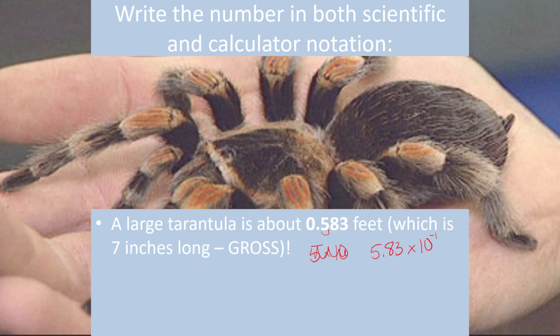That doesn't help me out at all. In order to get back to what we started with in standard form, I need to multiply or divide by 10 to move it back to the left. Okay, so we now have 5.83e negative 1. So we have our scientific notation, and we have our calculator notation.